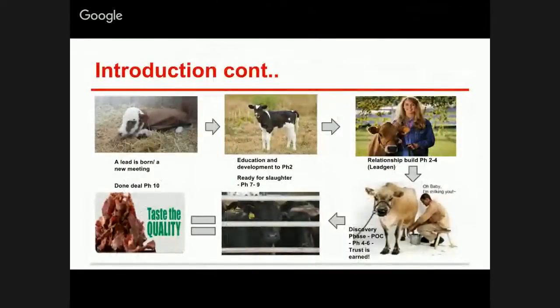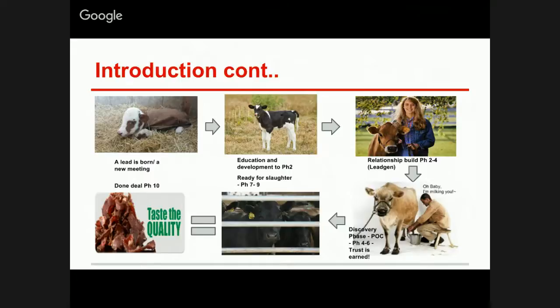Here's a nice little graphic. This is a lead being born, or a new meeting. You've got that meeting, then you're going to be touching base, nurturing them and giving them education, and get them up to phase 2, so that the salesperson can take over. Relationship builds, phase 2 to 4.